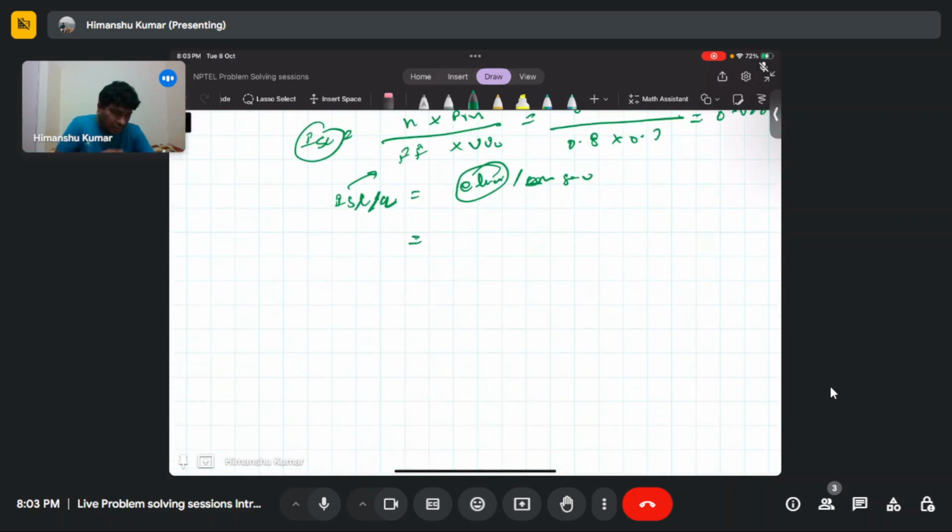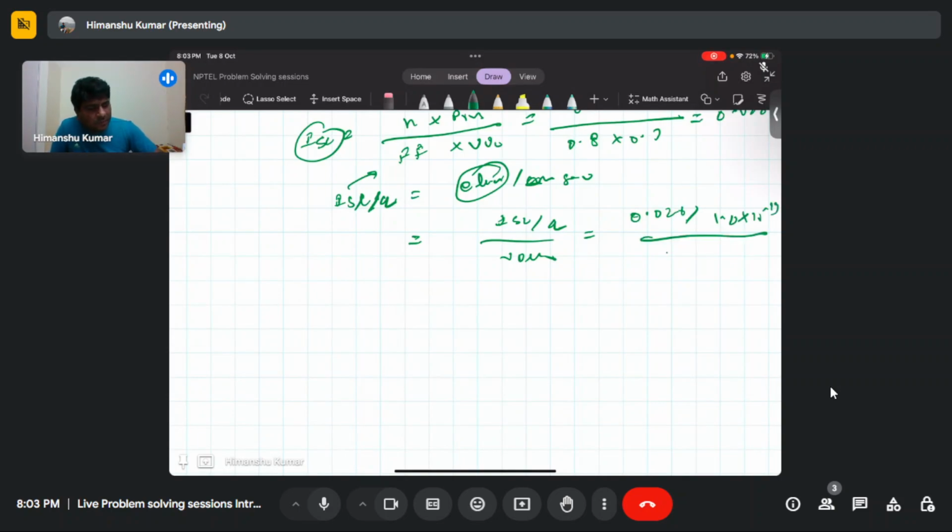And so you can write ISC by Q divided by the volume will give you the total generation rate. That is given as 0.026 divided by 1.6 into 10 power minus 19 divided by the volume. The volume you can calculate as area multiplied by thickness, which is given as 0.02 centimeters, and area is given as 1 centimeter square.